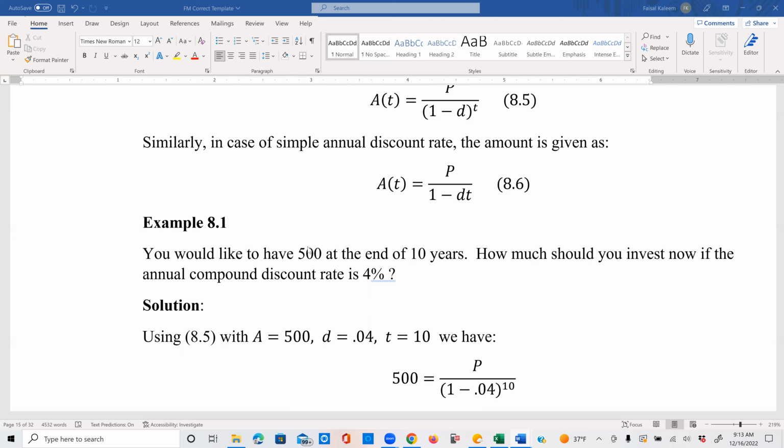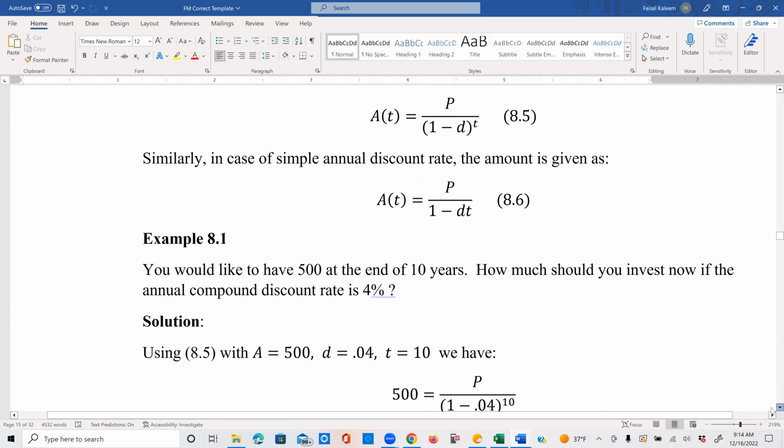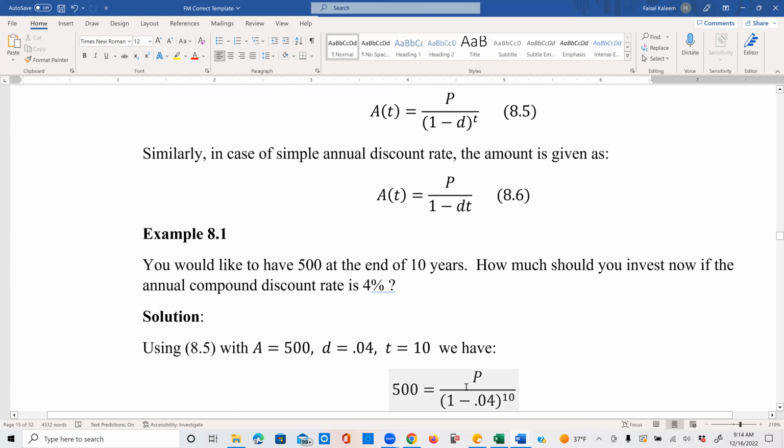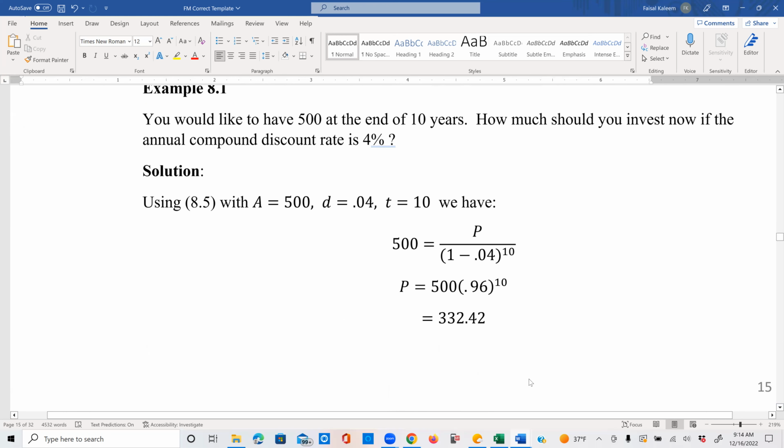You have to have 500 at the end of 10 years. d is 0.04, t is 10. So substituting these values in 8.5, we get 500 is equal to P divided by (1 minus 0.04) to the 10. That gives P equals 332.42.